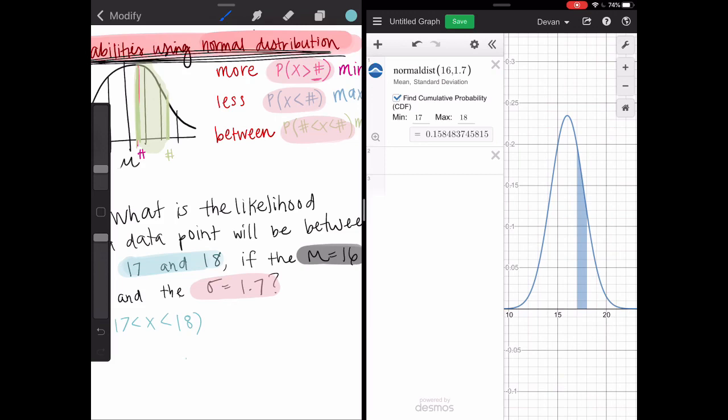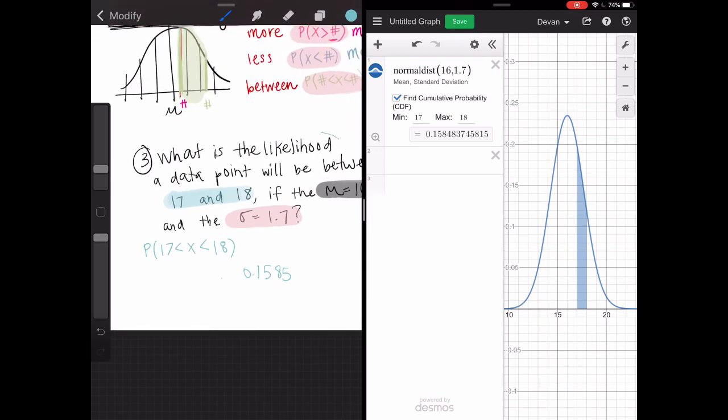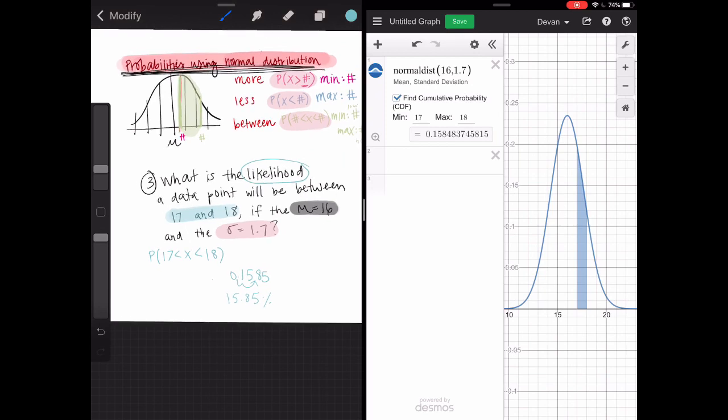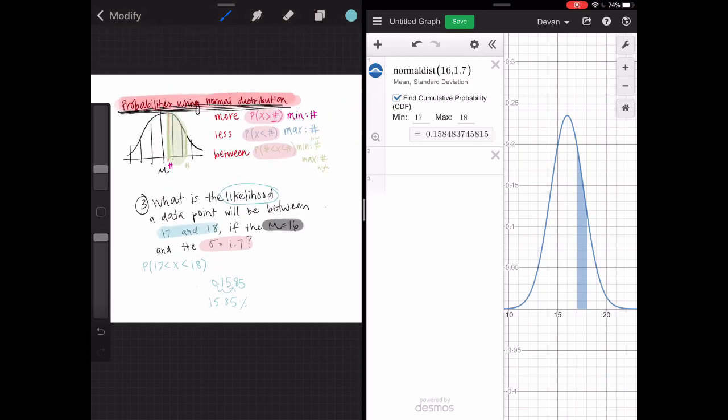My probability is 0.1585. So the likelihood is just asking for a probability. So what is the likelihood is the same thing as if I asked what is the probability. If I asked for the percent, it would be 15.85%. And that's how you calculate probabilities using Desmos and the normal curve.